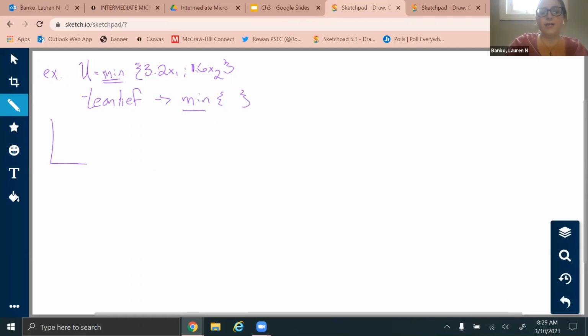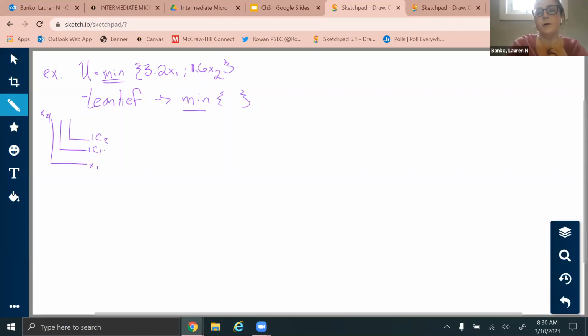Just to remind you, these indifference curves are L-shaped. If this is the axes for the different x's, these are the indifference curves. Remember, these represent points that yield the same level of utility for this person.